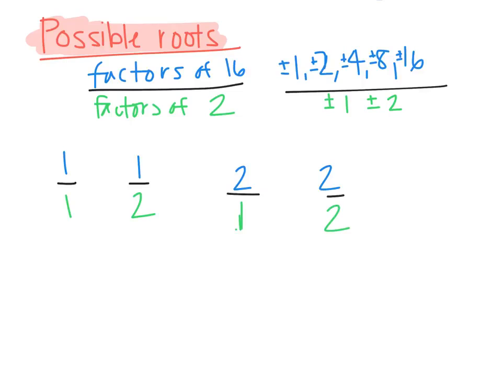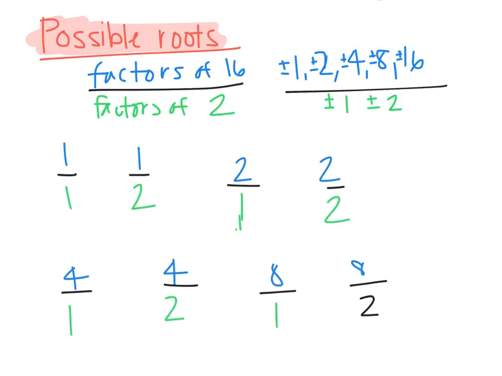And then I have to do the same thing for 4. I have to divide 4 by 1, and I have to divide 4 by 2. And then I have to divide 8 by 1, and I have to divide 8 by 2.